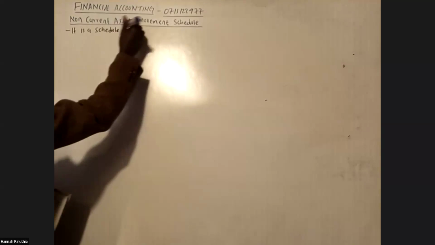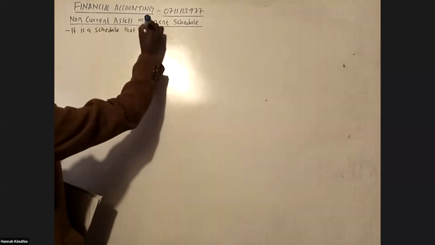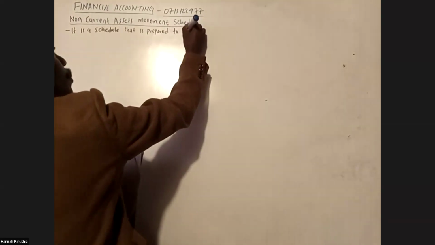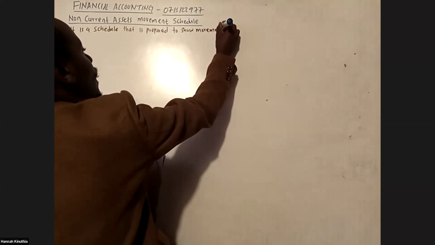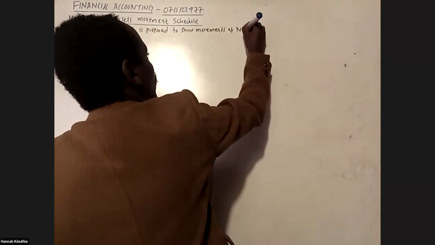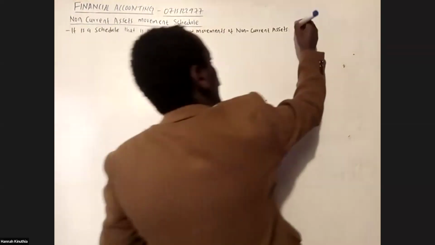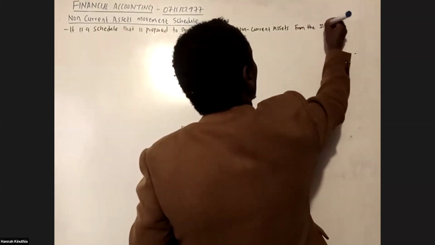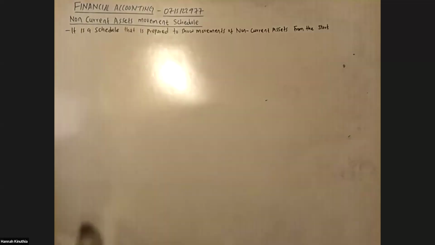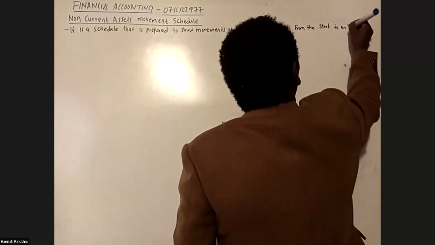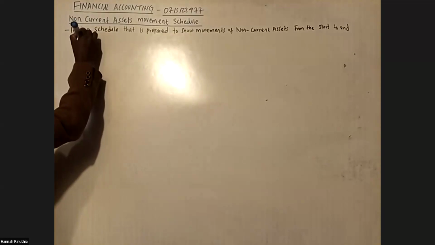It is a schedule that is prepared to show the movement of non-current assets from the start to the end of the financial year.